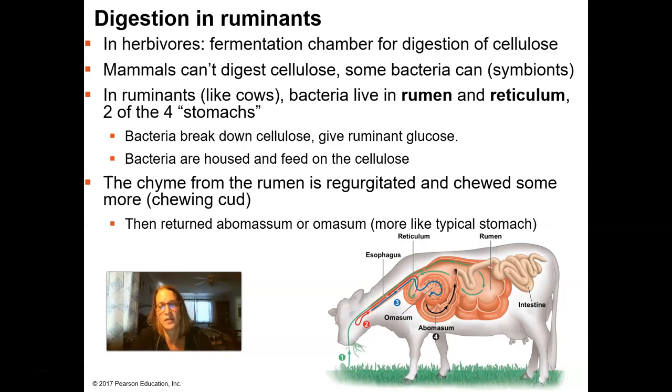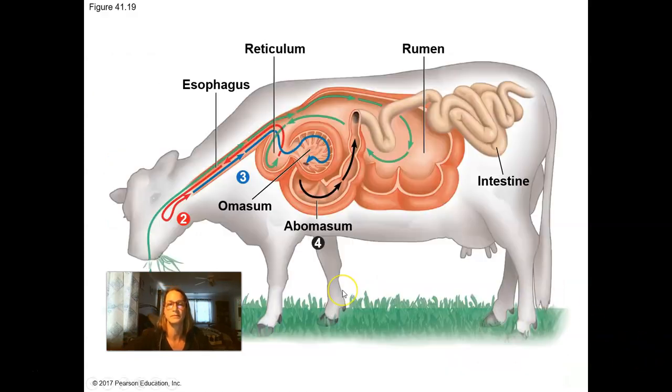And then some more chemical digestion can occur in the omasum and the abomasum, which are the third and the fourth stomachs, until finally absorption occurs in the intestines. So that's just a picture of it up close again. You can see the pathway a little bit better.